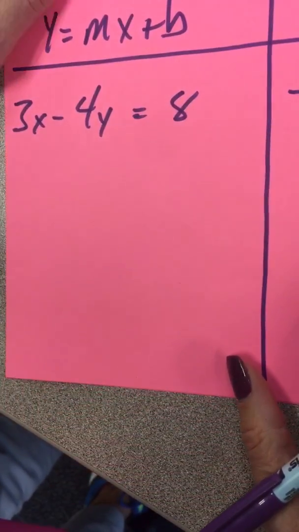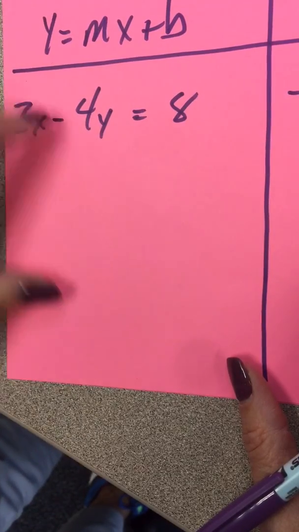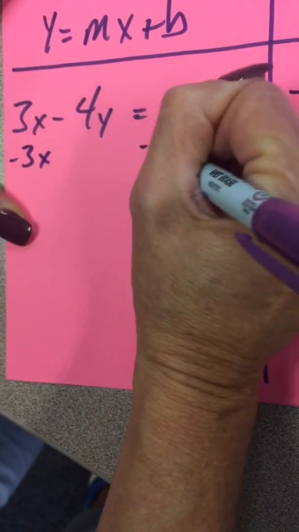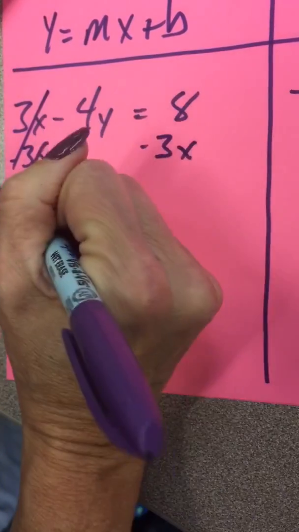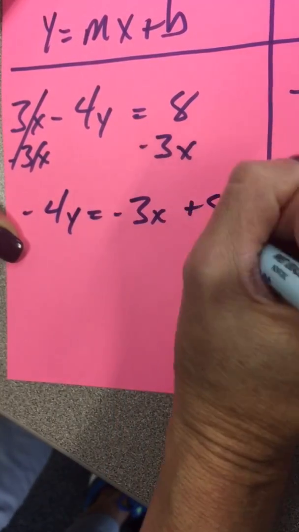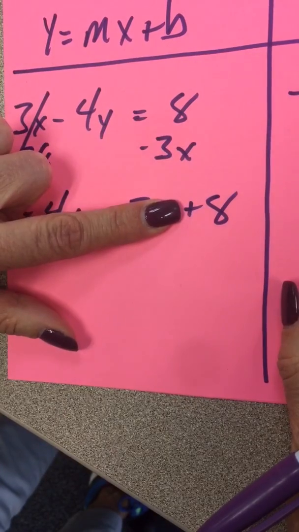Let's try another one. This time, only the y term is negative. So we've got this 3x that we want to move, and we do the opposite. Just so you know, this 8 is positive, so that's why it's a plus 8.